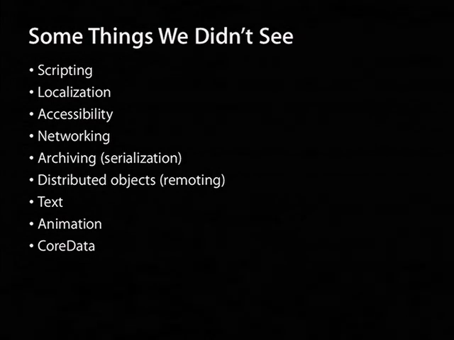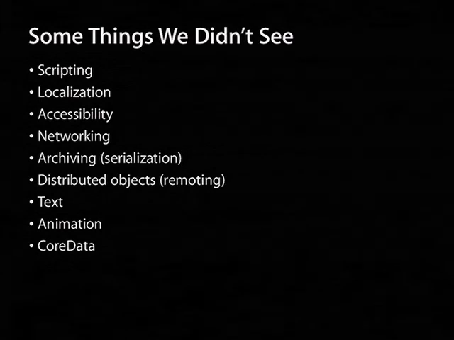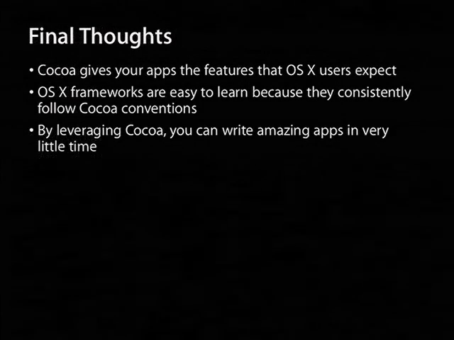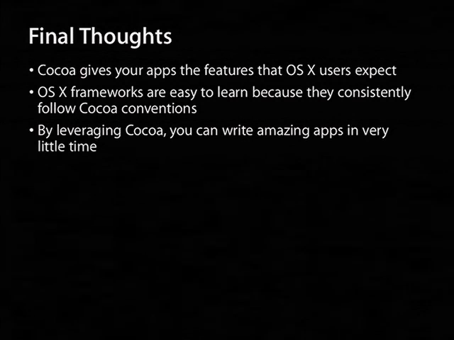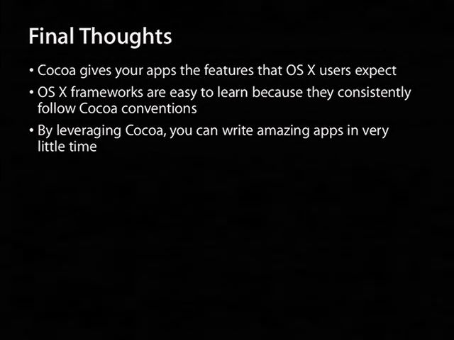And Cocoa's got the serialization, which we used for our document, and it has a remoting feature, which is useful for objects in remote processes or on different computers. And of course, the whole Core Data framework. So in closing, the takeaway is that Cocoa gives you the sort of functionality that Mac OS X users expect from a polished Macintosh application.